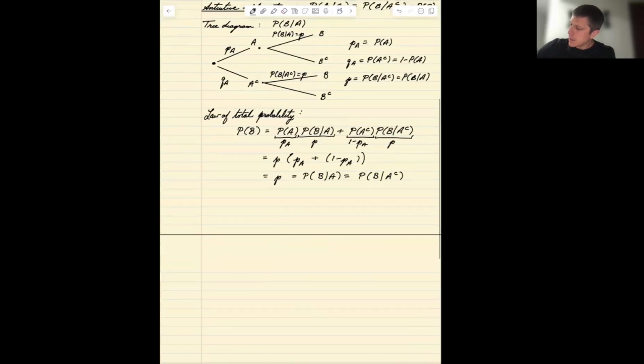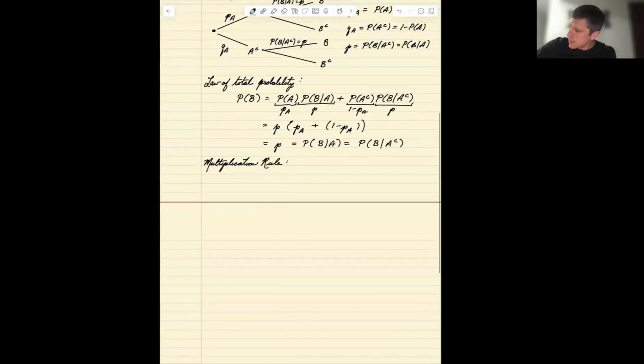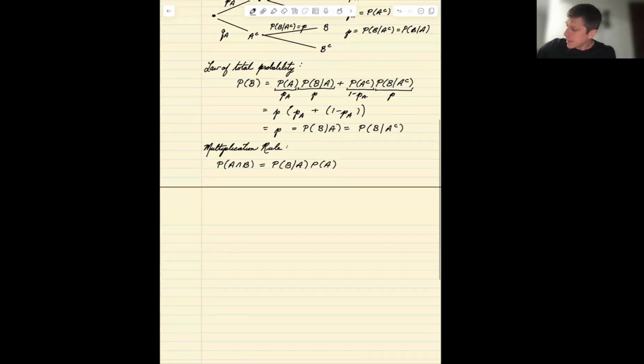We know that the multiplication rule says that the probability of A and B is, we have to chain the conditional probabilities together: probability of B given A times the probability of A. But when B is independent of A, we just said that probability of B given A equals probability of B, and we get the multiplication rule back.